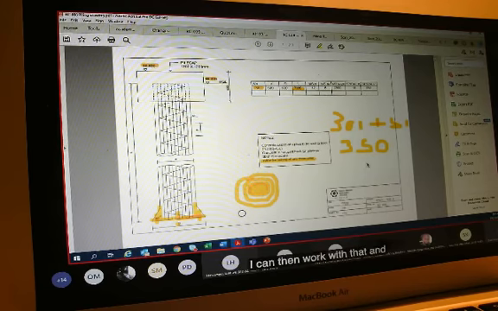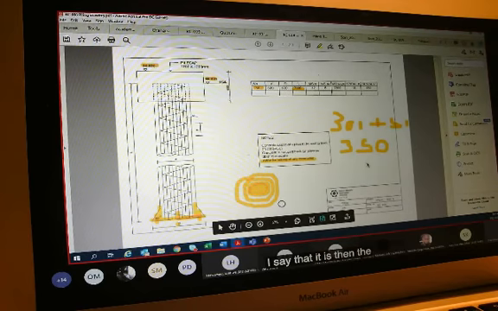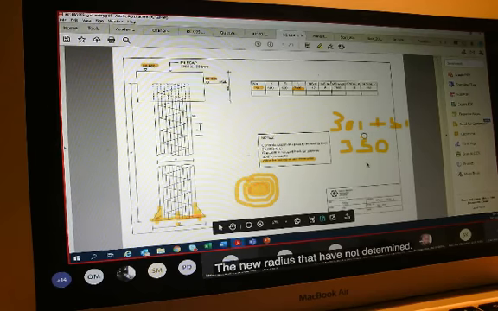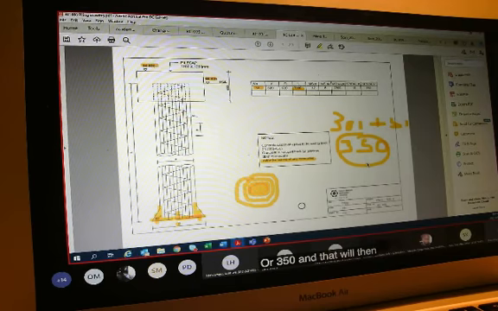That's the circumference that I need to determine. So I have the 300 plus the 50 millimeter, working from the base from cross-sectional properties in structures, a third of 150 plus the 300.